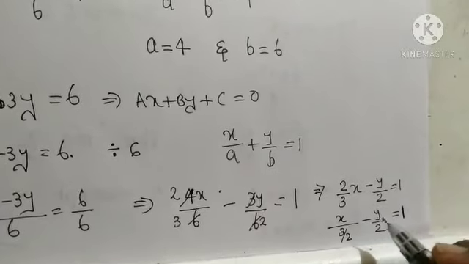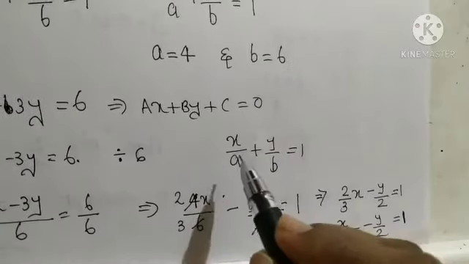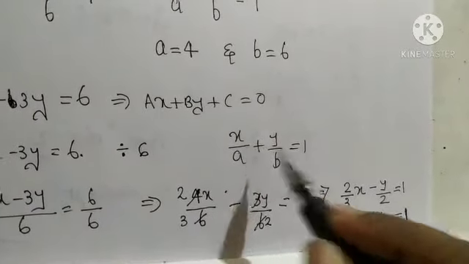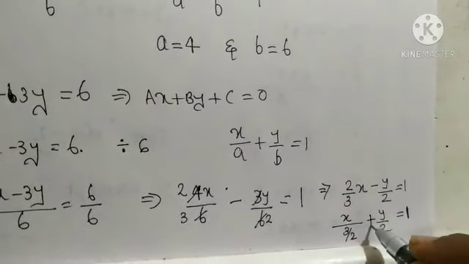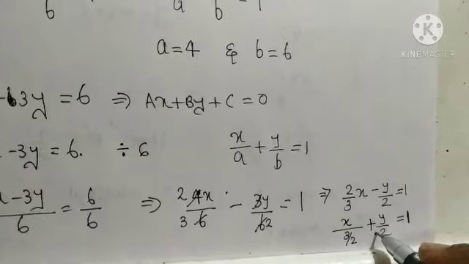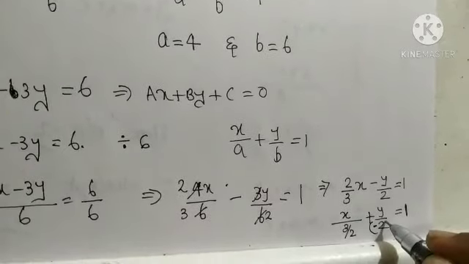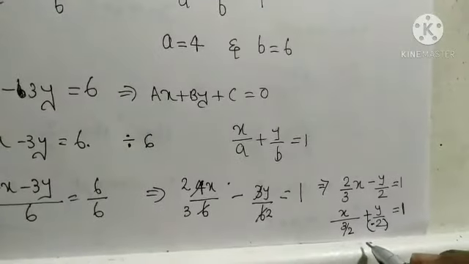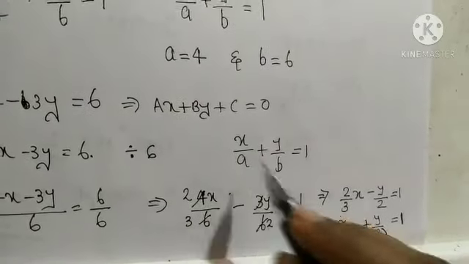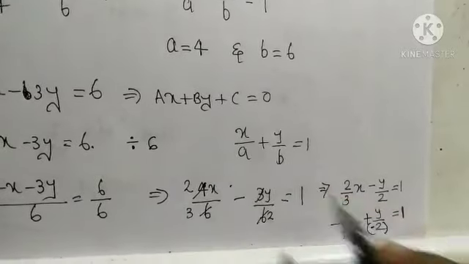Okay. Here in intercept form the sign is plus. So next I am going to change this sign to plus and give this minus to this 2 here. Okay. So this is the same as the intercept form, right?